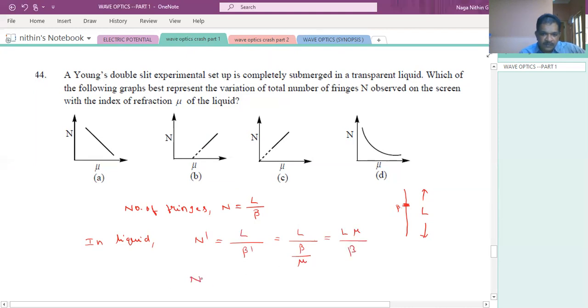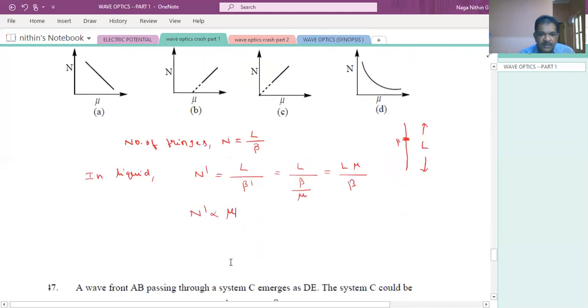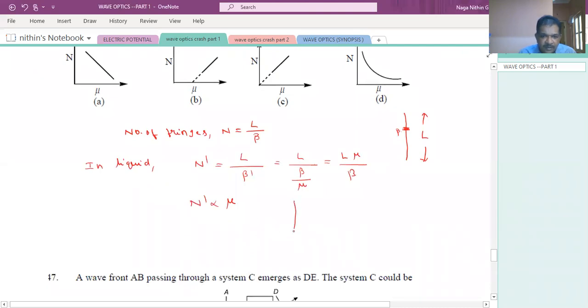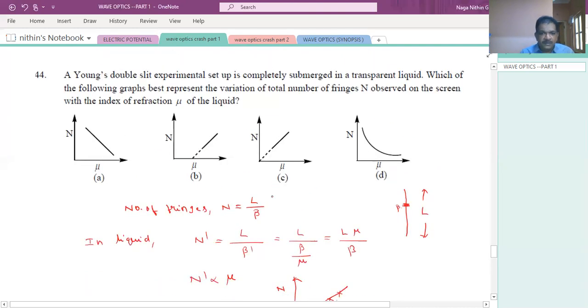So the number of fringes is directly proportional to mu. The graph between them will be a straight line. Here n value, here mu value. It will be a straight line passing through the origin. So this is the answer.